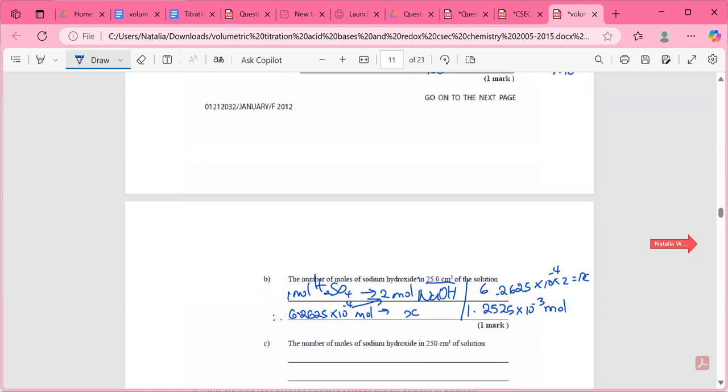So it doesn't want me to find the concentration, it's giving me a volume. So in 25 centimeters cube, I have this number of moles.